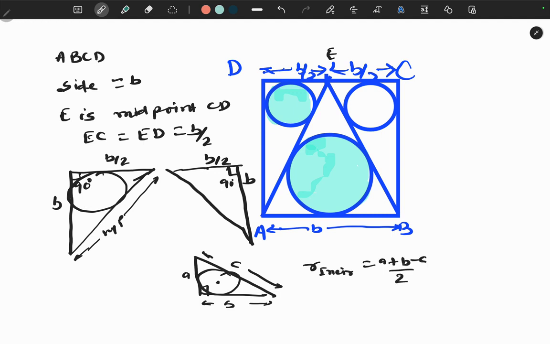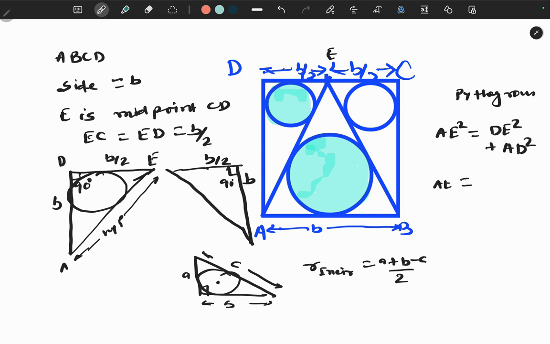Now for our case, the hypotenuse is not known, and we will have to find the hypotenuse using the Pythagoras theorem. In the triangle AED, we can write that AE squared is nothing but DE squared plus AD squared.